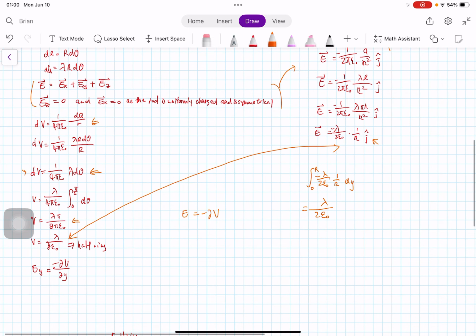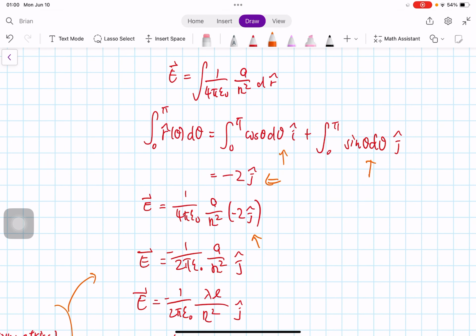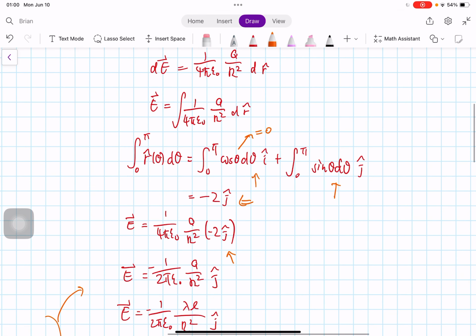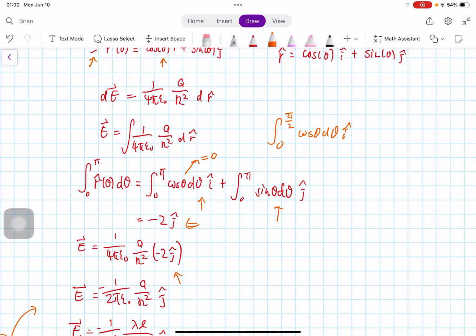So if I take this into account, instead of doing it from 0, I do it from 0 to pi over 2 of cosine theta d theta. This should get me negative sine theta from pi over 2 to 0. So this one is equal to 1.